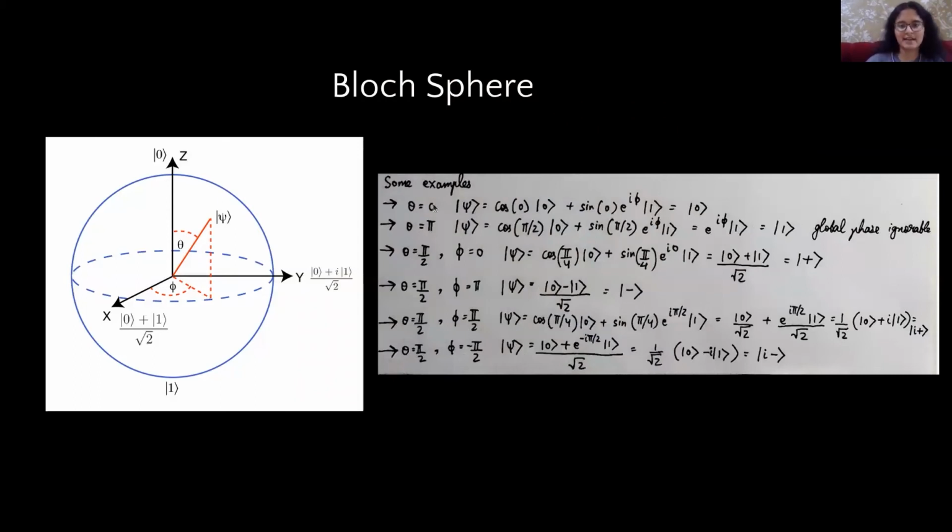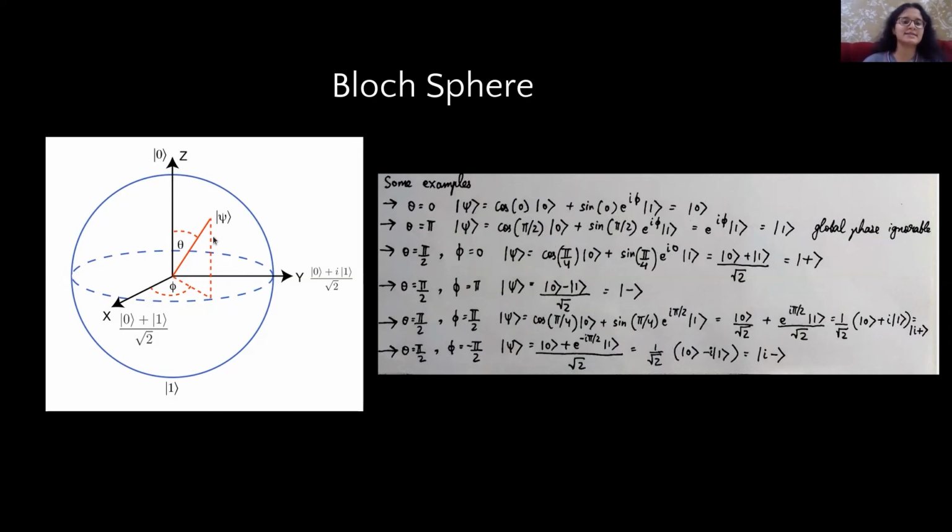So if we take theta equal to 0, then this is what we get as an equation. And we know that cos 0 is 1 and sine 0 is 0. So because sine 0 is 0, this term gets eliminated and cos 0 is 1. So 1 into ket 0 essentially just gives us ket 0. So that is what we expected from the equation as well.